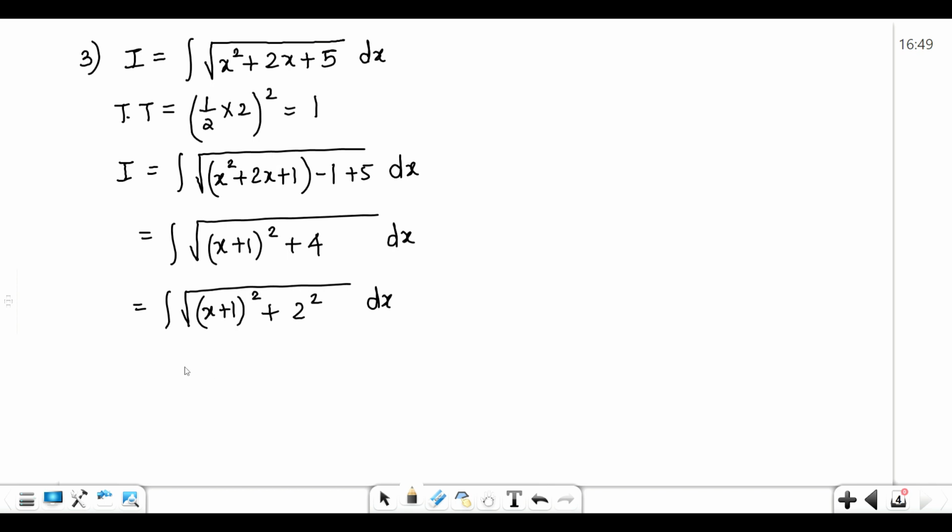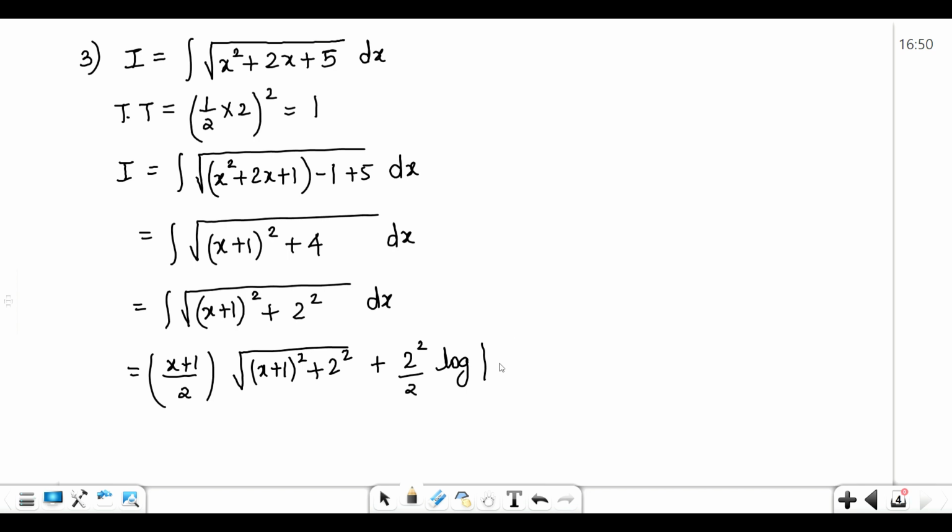So we'll apply the formula, that is x upon 2, that is (x plus 1) upon 2, and then the square root, you have to copy this, (x plus 1) the whole square plus 2 square, plus 2 square upon 2 log, the mod of (x plus 1) plus the square root of (x plus 1) the whole square plus 2 square, close the mod, and plus c.